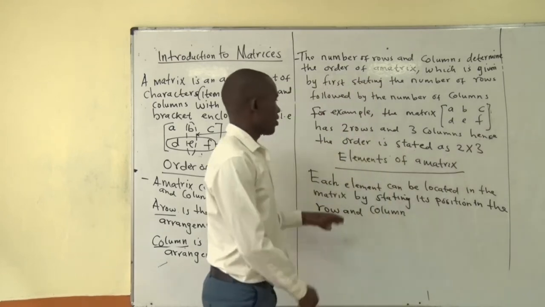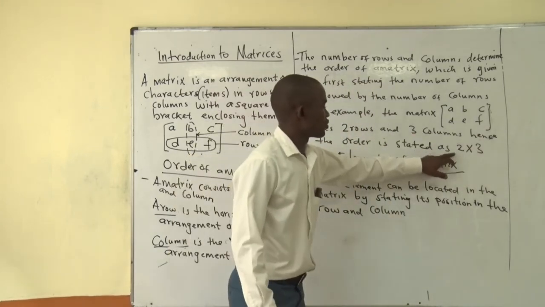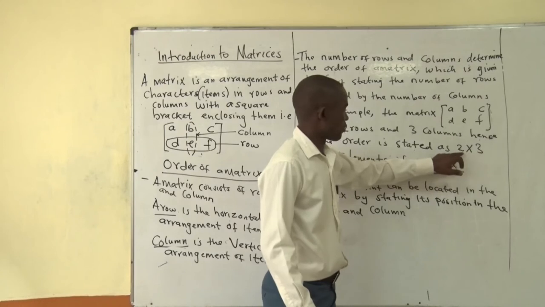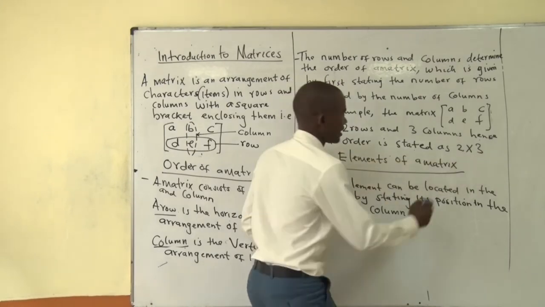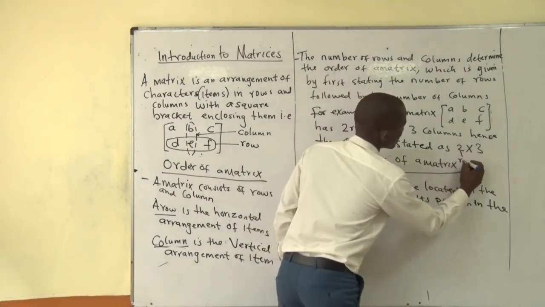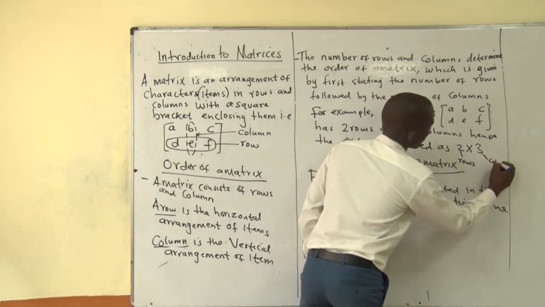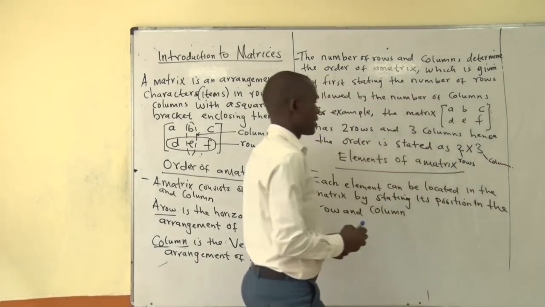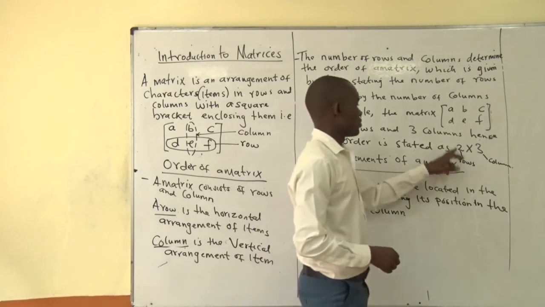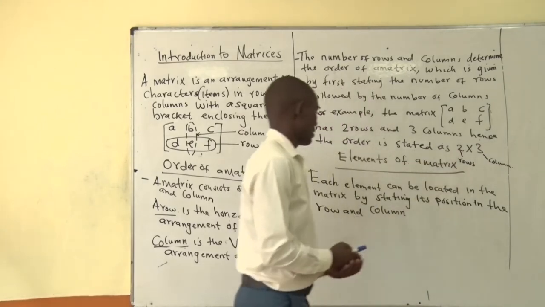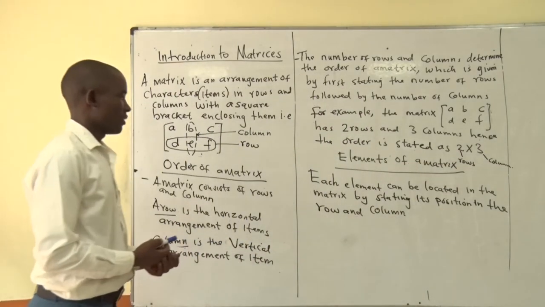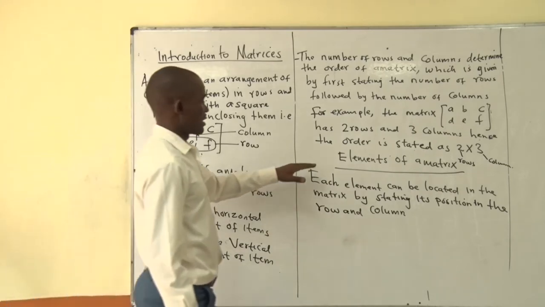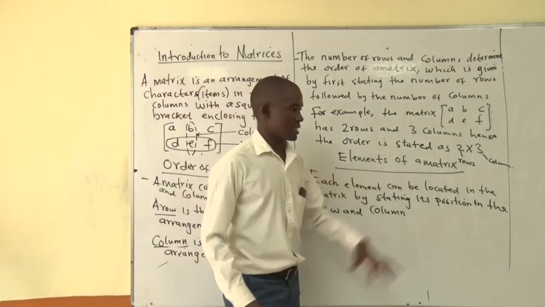So the order of this matrix is 2 by 3, 2 multiplied by 3, meaning these are the number of rows and this is the number of columns. That matrix is called a 2 by 3 matrix.